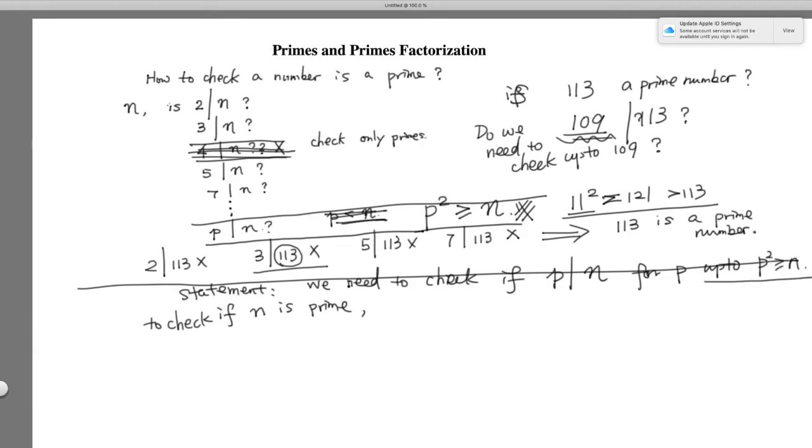Once we see that p squared is bigger than or equal to n, we stop. So we only need to check a very small set of prime numbers.